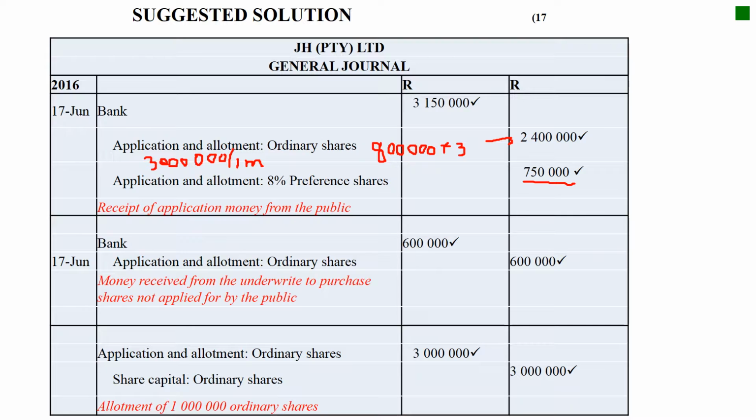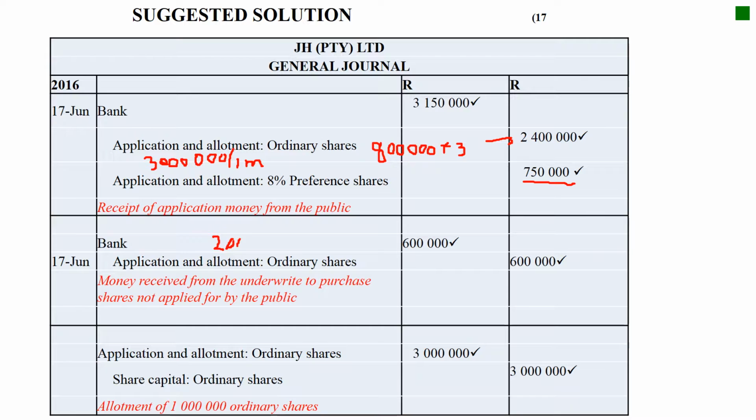As a result of the underwriting contract, they are supposed to get the value of the undersubscribed shares, which is 200,000 multiplied by 3 rands per share.